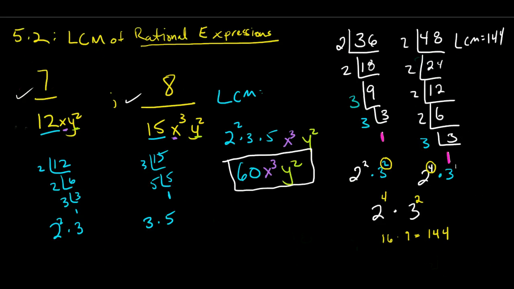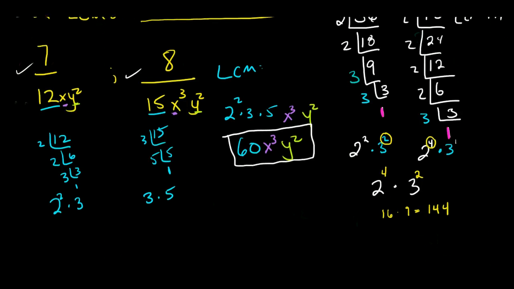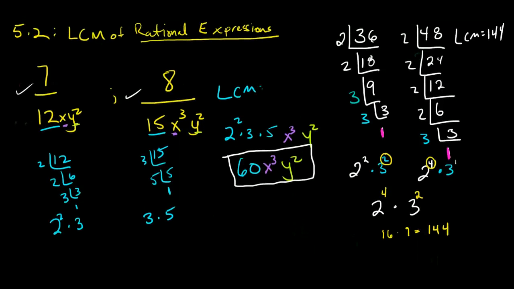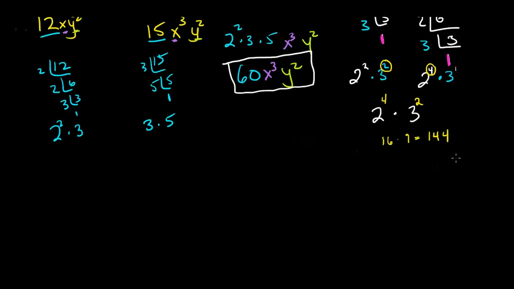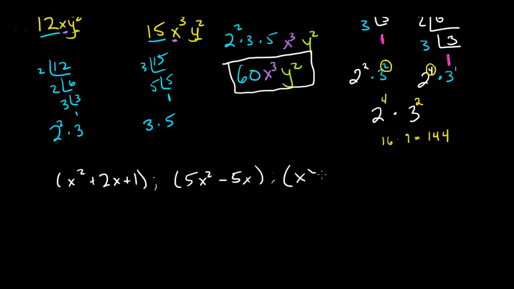Now, knowing that we start looking for the LCM by factoring, I'm wondering if you can tell me how to find the least common multiple of x squared plus 2x plus 1, 5x squared minus 5x, and the quantity x squared minus 1.